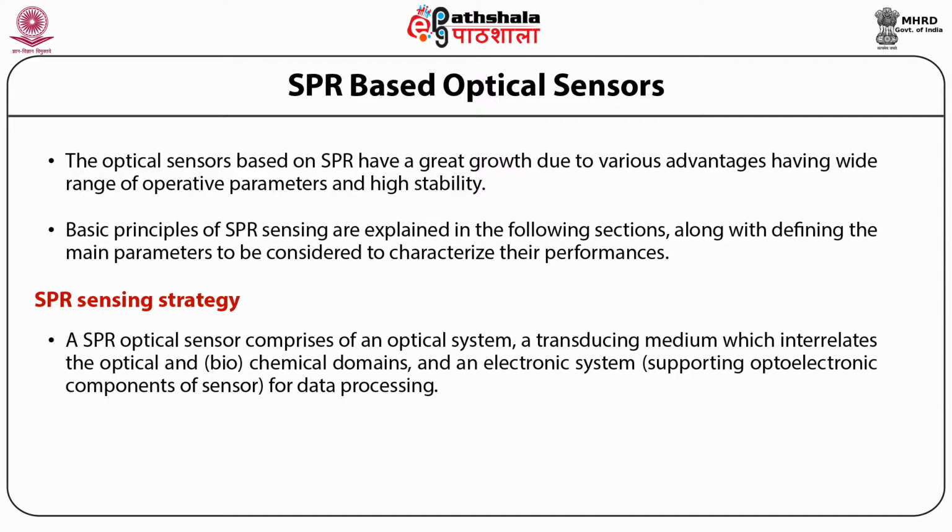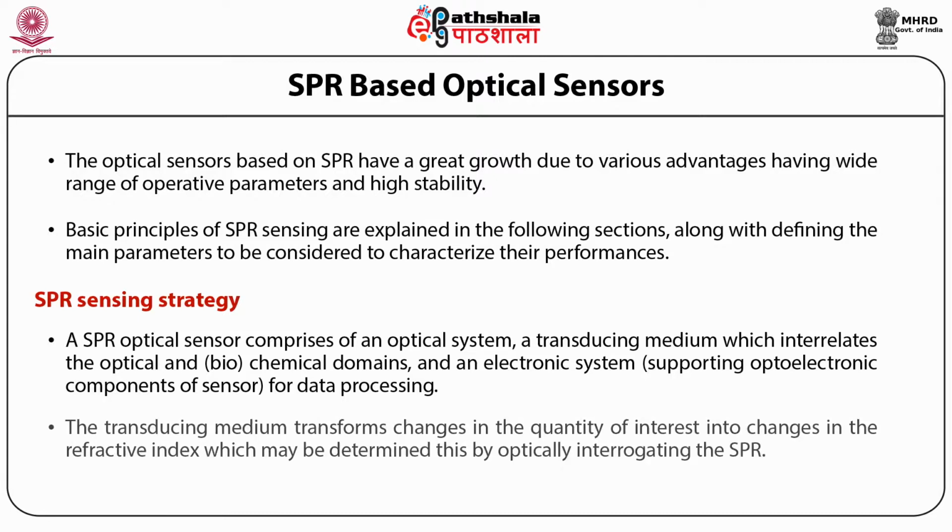The optical system detects the change in the refractive index of the system corresponding to any change in the quantity of interest. The transducing medium transforms the change in the quantity of interest into changes in the refractive index, which may be determined by optically interrogating the SPR.